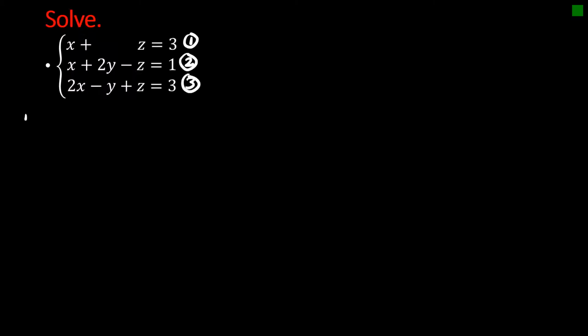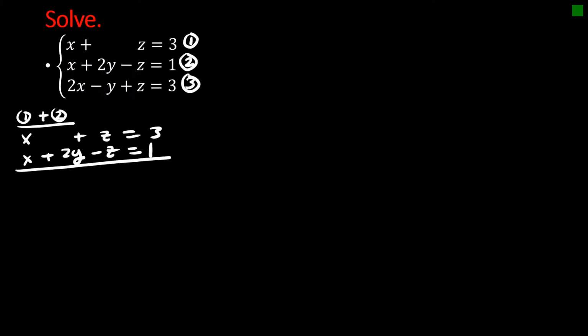So if I add equation 1 and equation 2, I have x plus z equals 3. I have x plus 2y minus z equals 1. And if I add those two together, I get 2x plus 2y equals 4. And that's my equation 4.